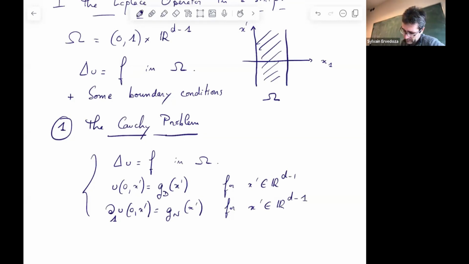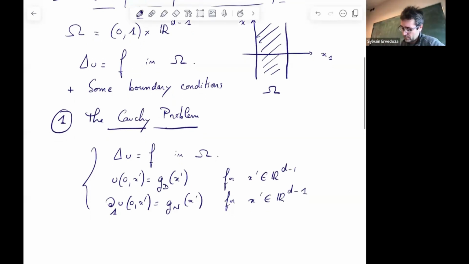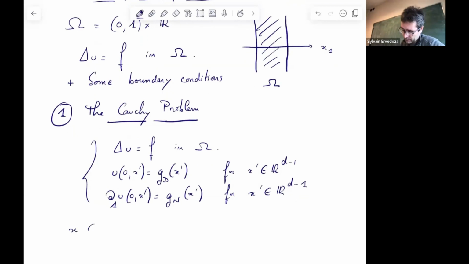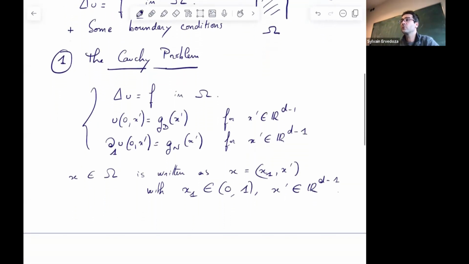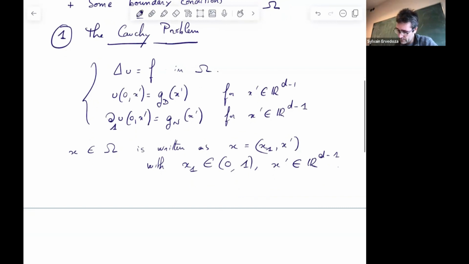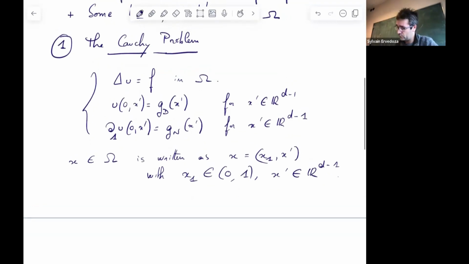Okay, meaning that in what happens next, there is this convention that x in omega is written as x = (x_1, x'), with x_1 in (0,1) and x' in R^(d-1). Okay, so this is the problem I want to consider. So here, maybe I will try to draw a picture.